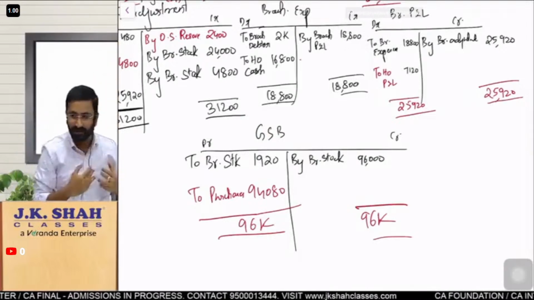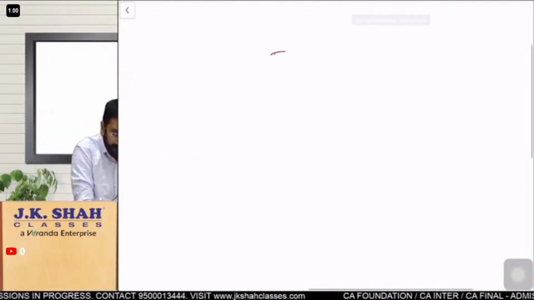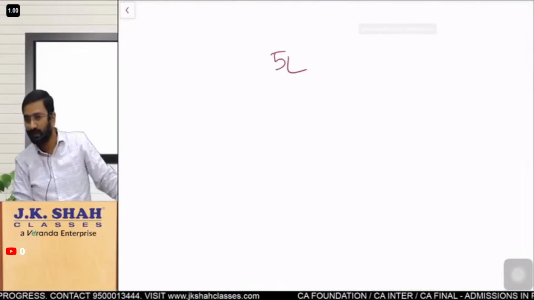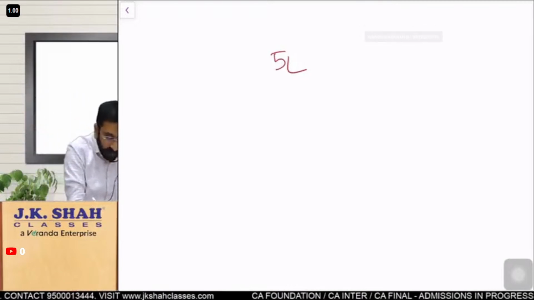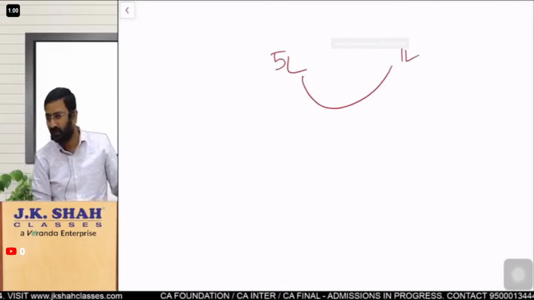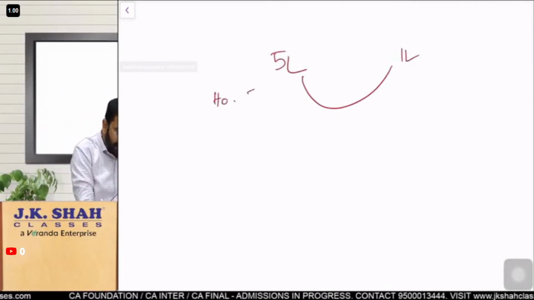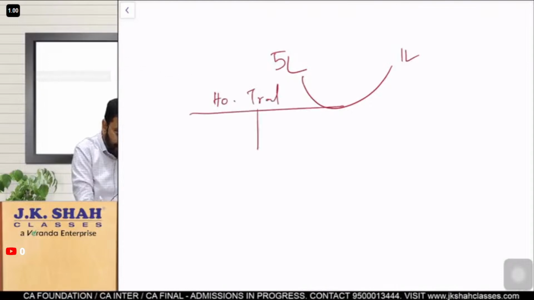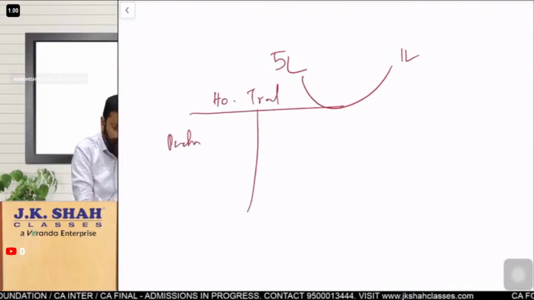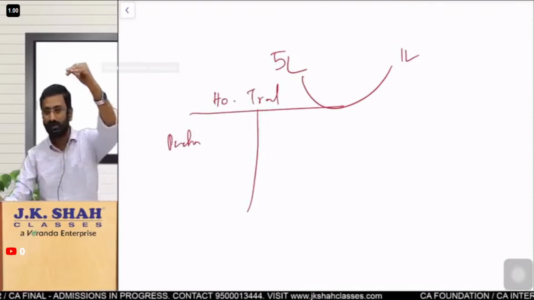Because see, it's like that. For example, assume my purchase is 5 lakhs. Out of 5 lakhs, 1 lakh I am sending to the branch. Now when a head office is preparing its trading account, what should be the purchase? They purchased how much? 5.